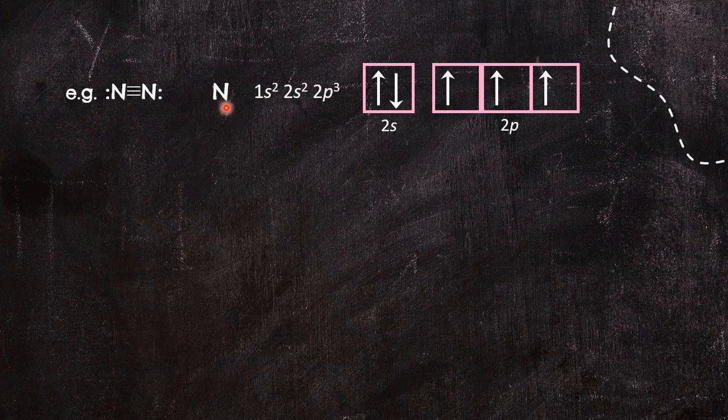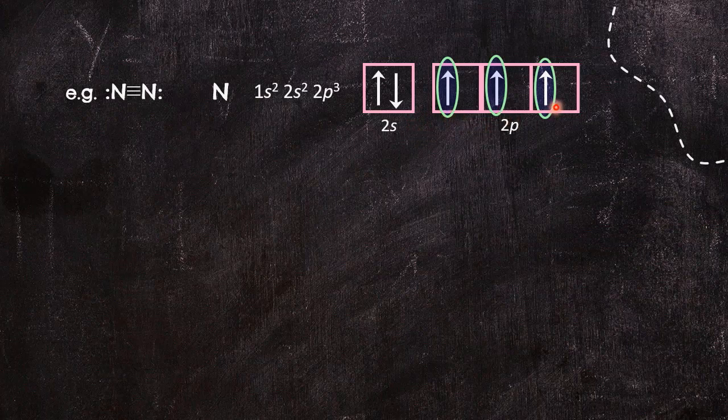So nitrogen, with valence electronic configuration of 2s2 2p3, will have 2 electrons occupying the 2s orbital and 3 electrons occupying the 2p orbital. From this orbital diagram, we can see each nitrogen contributes 3 unpaired electrons, which makes a total of 3 bonds to be formed.